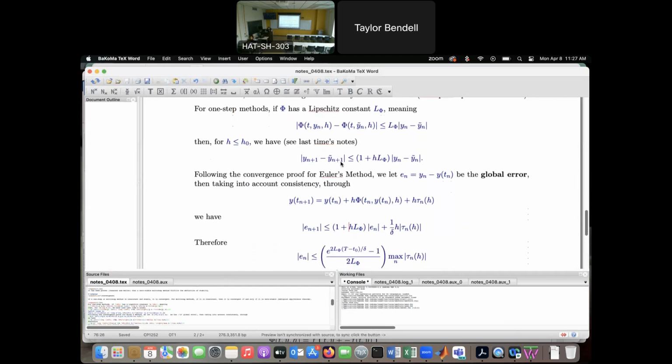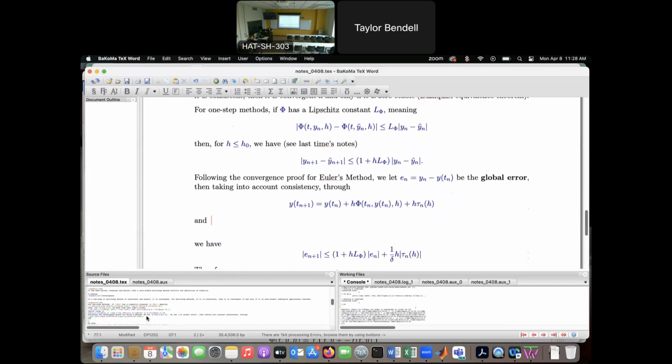Sorry, I think I need to fill in some more steps here just to make sure that everything turns out the way it should. Because the computed solution satisfies the numerical scheme, of course.